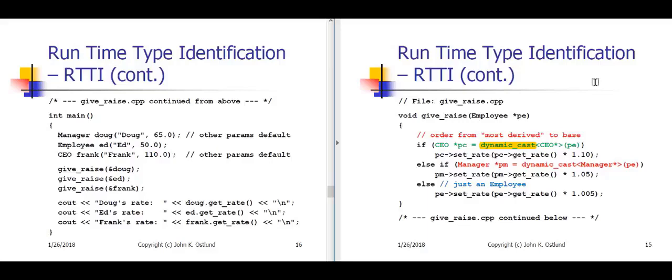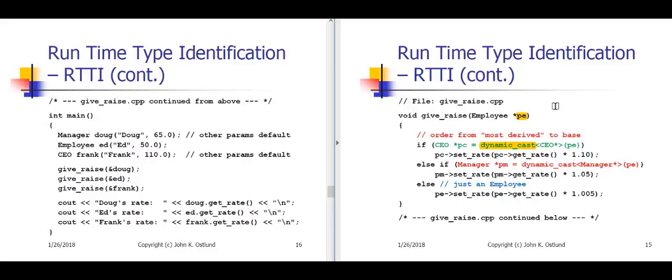And if the pointer was not pointing to a manager, then we knew that it had to be pointing to an employee. Now, if we switch these around in the other order, and we tested for employee first, well, PE is a pointer to an employee, and so any PE that comes in is going to be an employee. If we tested for an employee first, that test would always succeed, and we would not get down to doing the manager test or the CEO test.